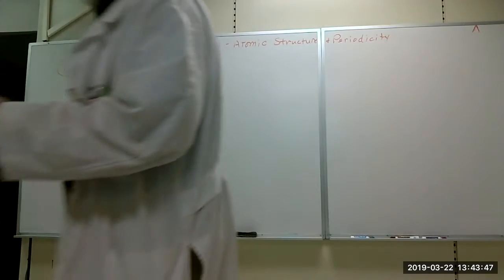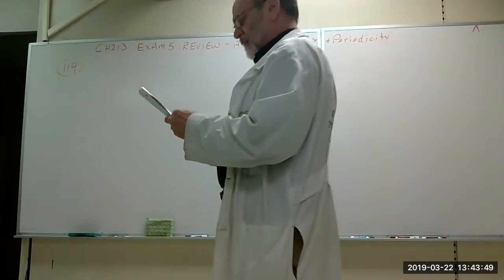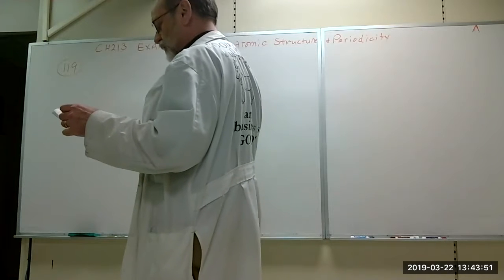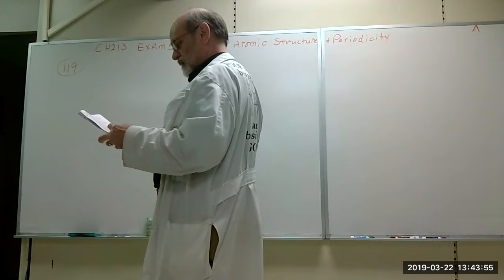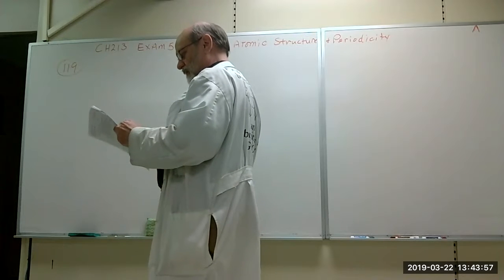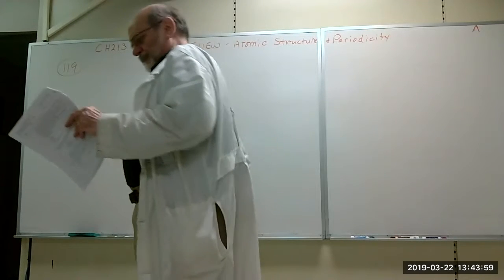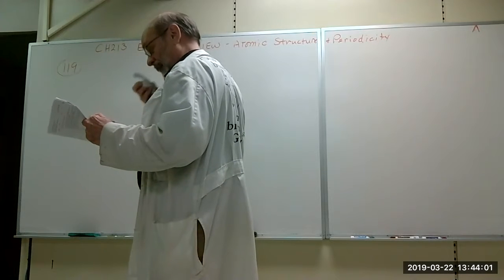All right. The wavelength of light associated with the n equals 2 to n equals 1 transition in hydrogen is so many meters.